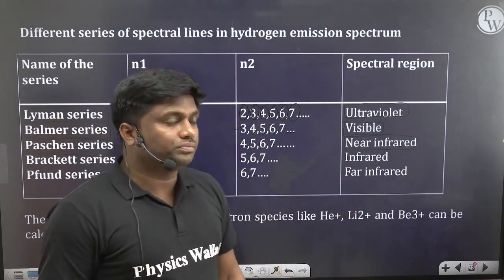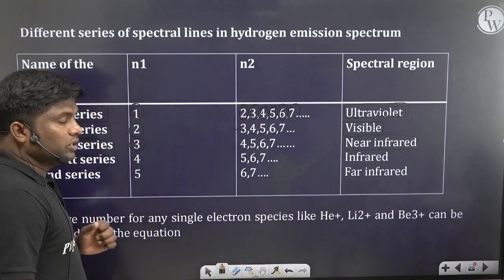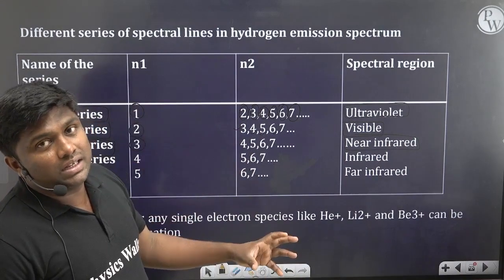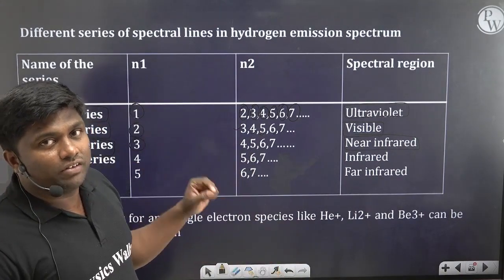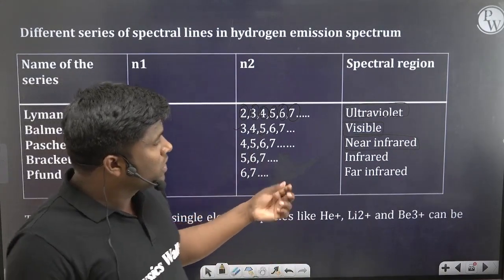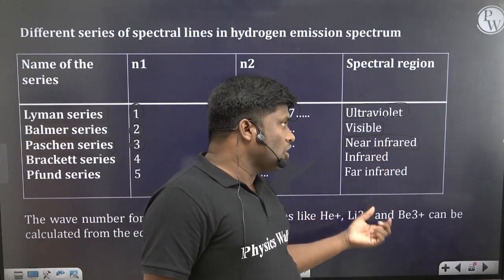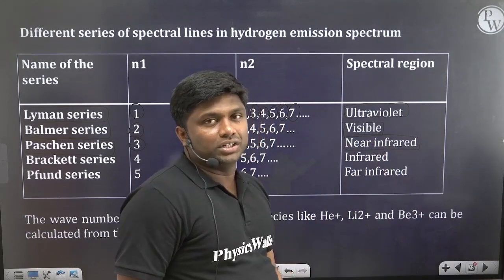Infrared radiation. In the Paschen series, the electrons are releasing radiations having frequencies and wavelengths which are equal to the wavelength and frequencies of infrared radiation.